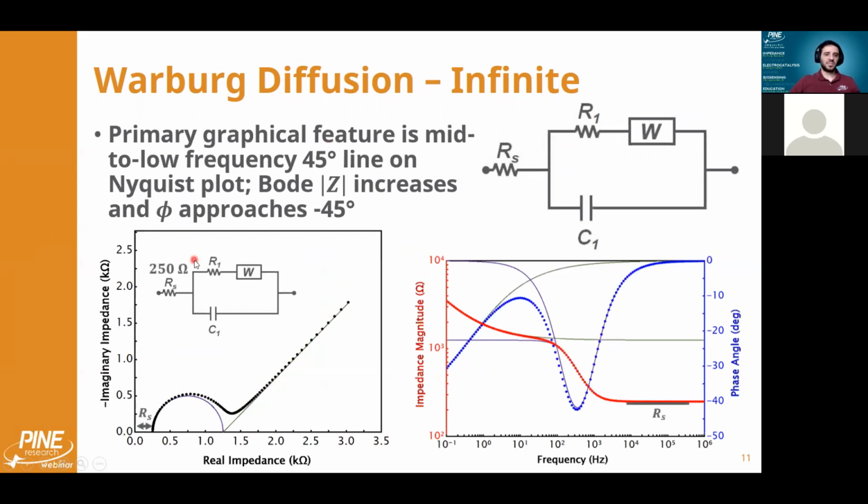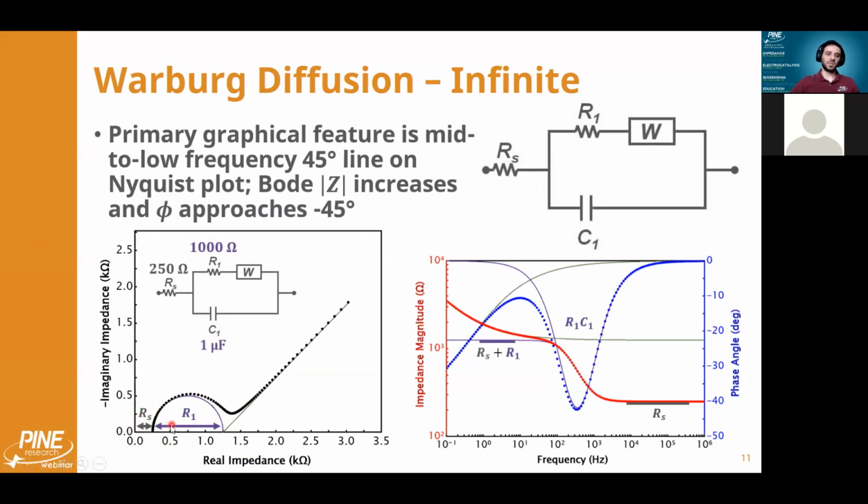And so all of the same kinds of analyses that I described last week, that you can use specifically on the Nyquist plot to get estimates of some of the circuit parameters, apply here. The high frequency intercept on the real axis is equivalent to the ohmic resistance.